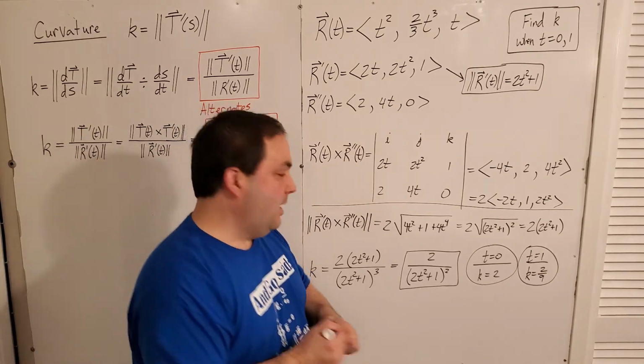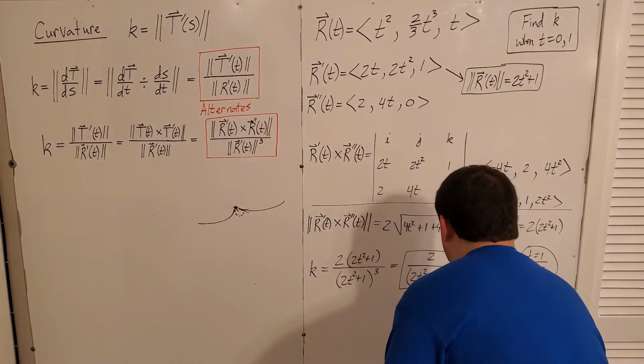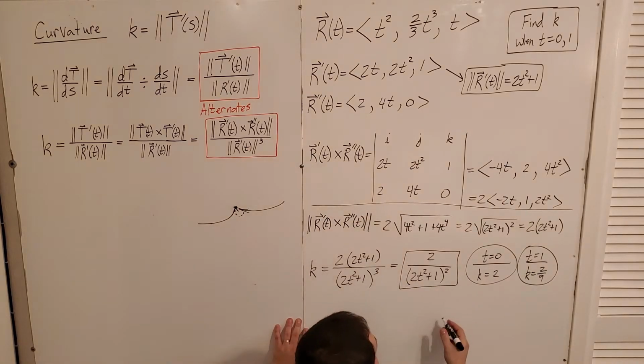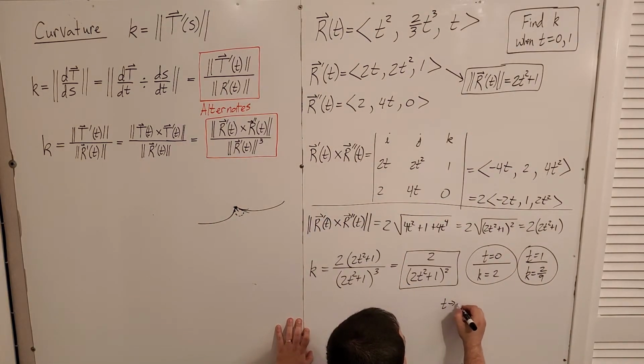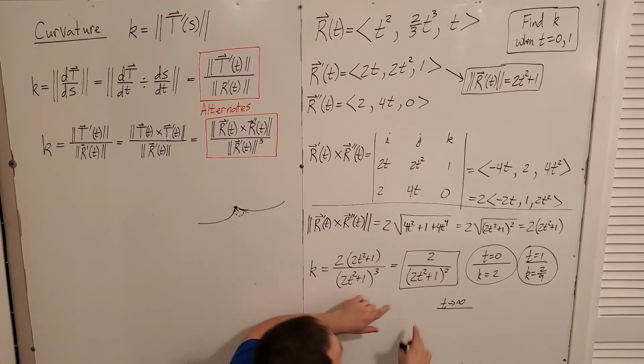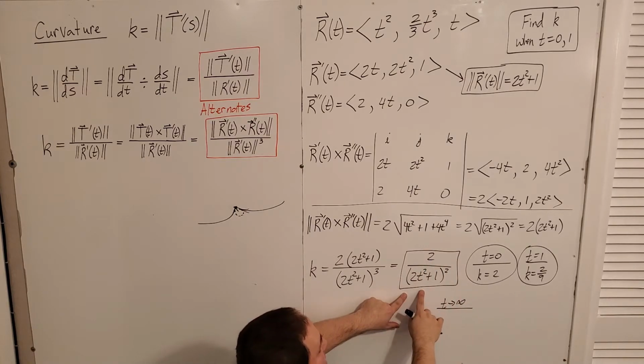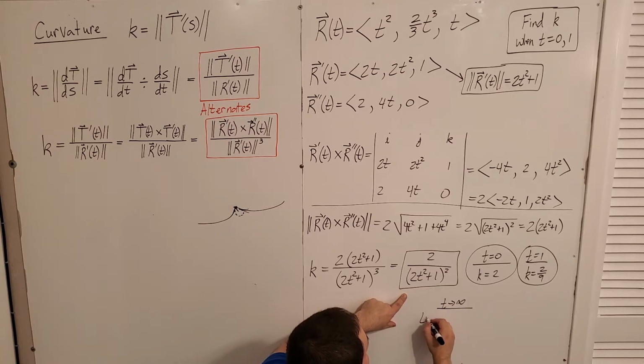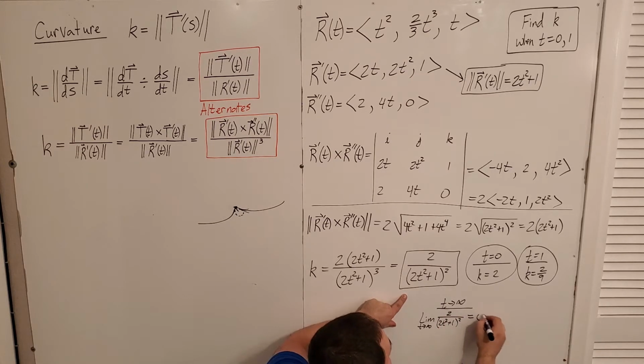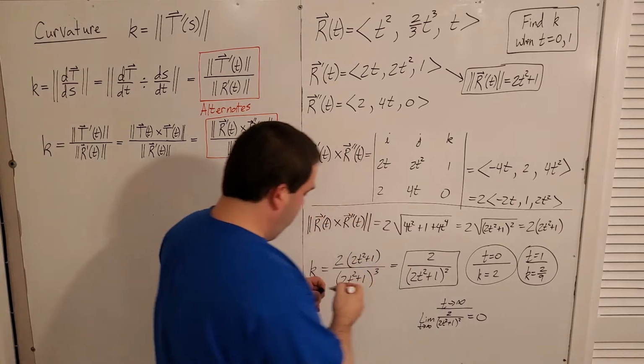Let's go one step further. What happens to the curvature here as t goes to infinity? Take a limit of this as t goes to infinity. You'll notice the limit as t goes to infinity of 2 over 2t squared plus 1 all squared equals 0, right?